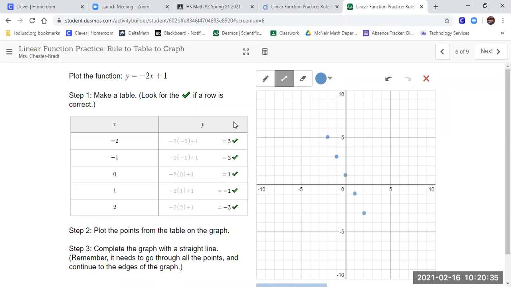Do it again. What minus 2 makes 7? That would be what would happen if we put negative 4 in. What minus 2 equals 7? 9. So if x is negative 4, y would be 9.